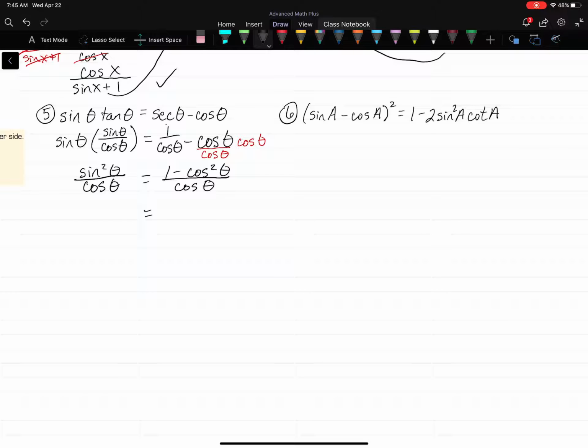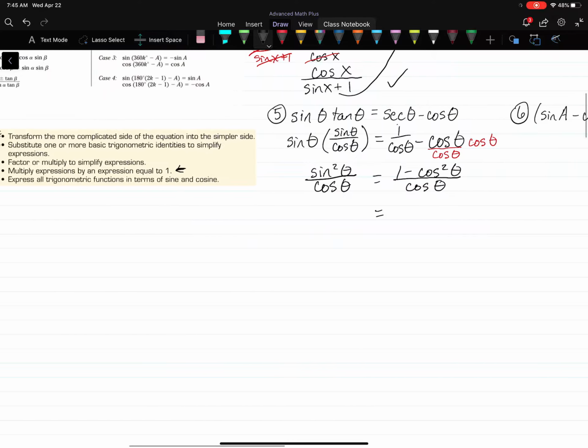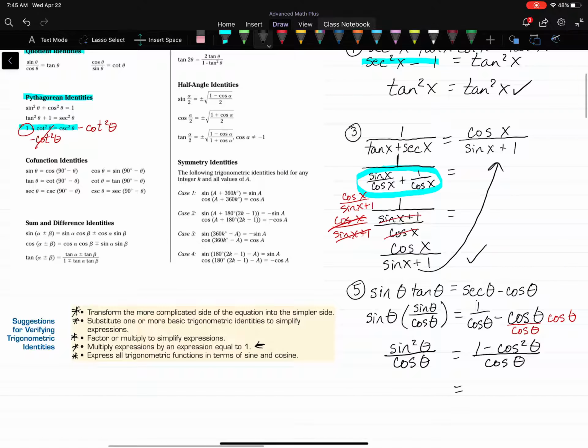And then for our last trick, we've got this square again, so I'm thinking a Pythagorean identity. If we do a little maneuver in here, I can move this cosine squared over, just like that.